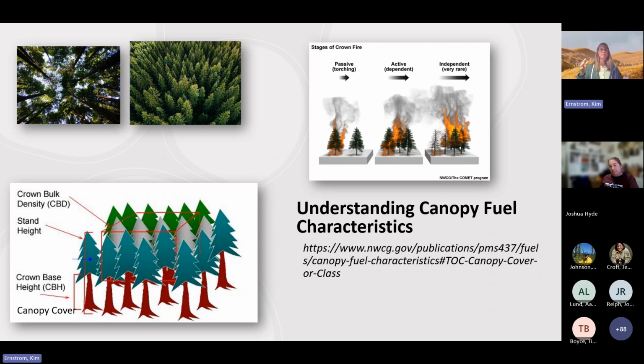And then the canopy cover, and those are the pictures in the upper left there: how much of the sky can we see through the canopy? That's how I think of canopy cover. So those are the four canopy characteristics that we can manipulate that are going to affect crown fire behavior and spotting and torching. So that's why these are the two pieces of the puzzle when it comes to adjusting our rules for our fuels treatment.